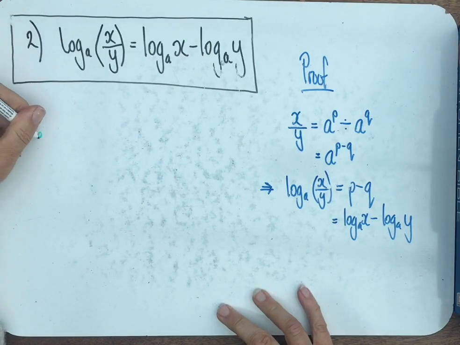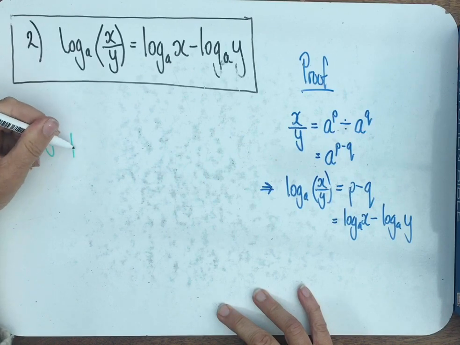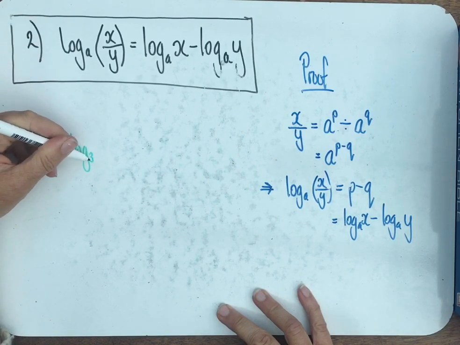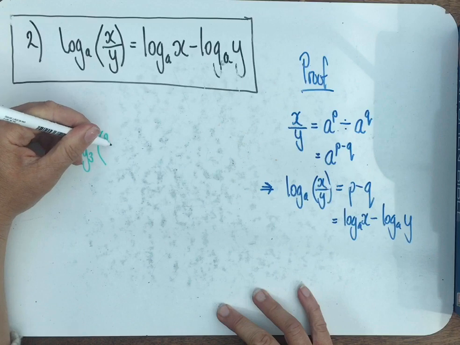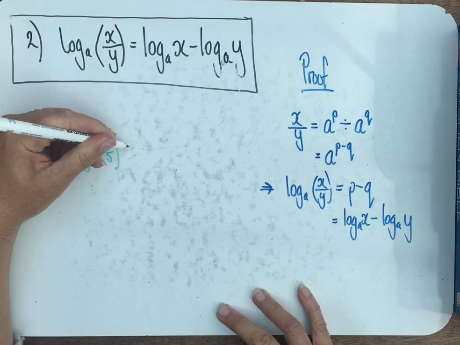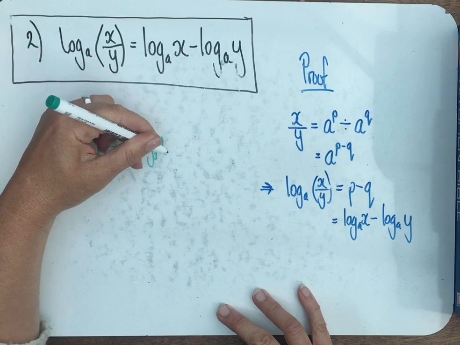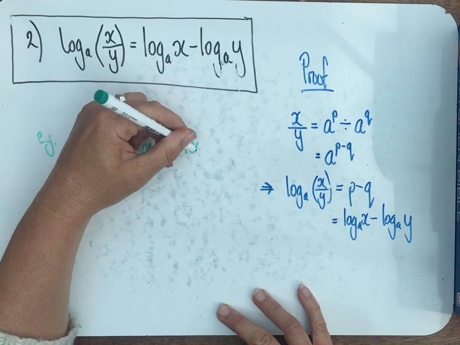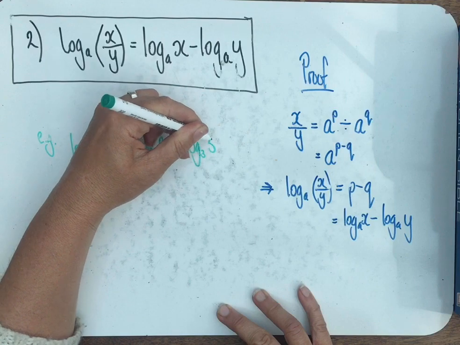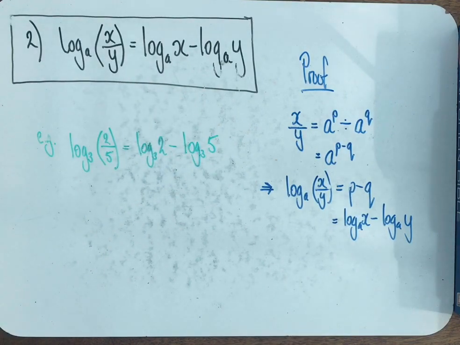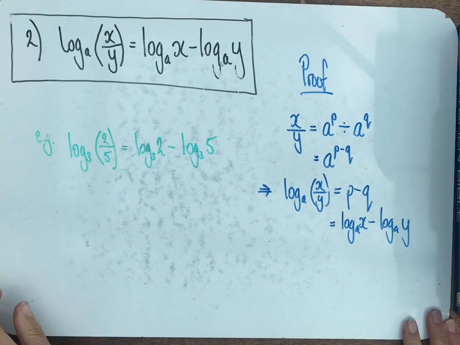So e.g., this is just a random example. So if you had log to the base 3 of 2/5, that's equal to log to the base 3 of 2 minus log to the base 3 of 5. That one.